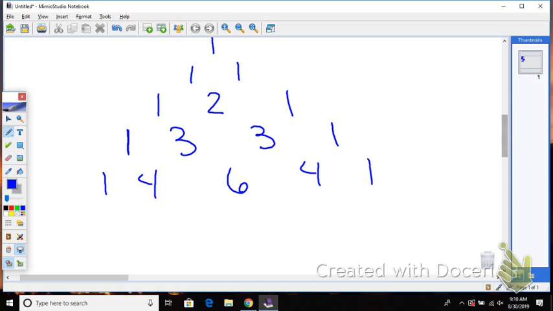And then the ones are always on the outside. And then you get the 3 from 1 plus 2, and then 2 plus 1. And then you always have the 1s on the outsides. Then you get the 4 from the 1 plus 3, 6 from the 3 plus 3, 3 plus 1, and then the 1. So you guys write down the next row on your own.